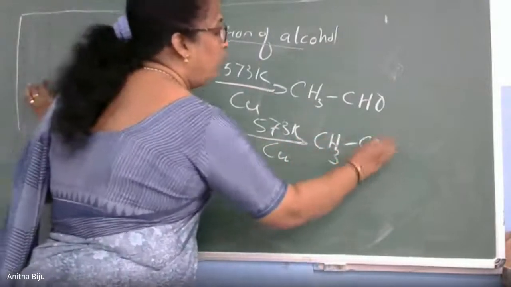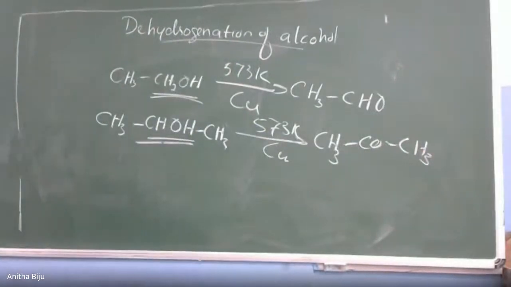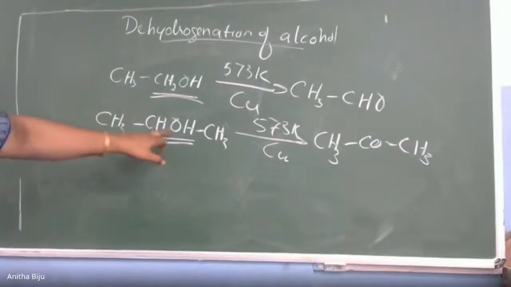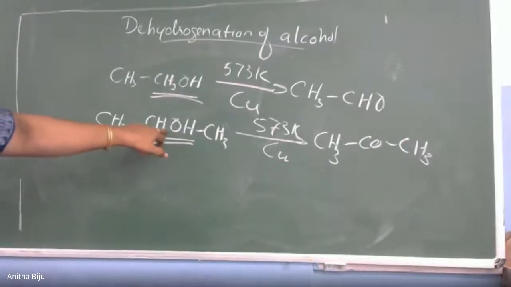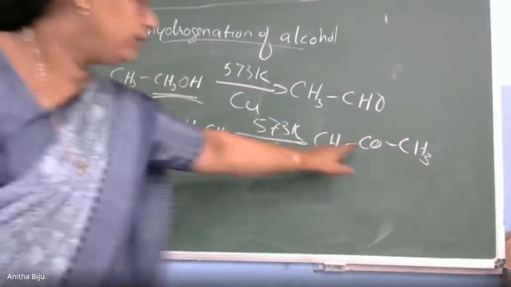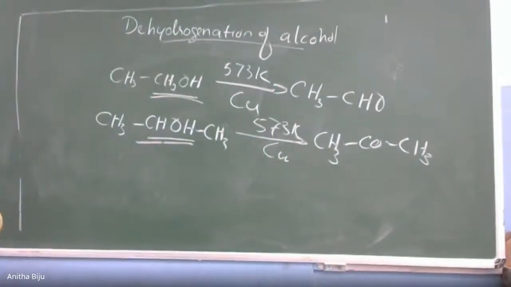CH3COCH3. Look at the same logical reasoning; it is applied in this case also. Look at the functional group CHOH. Two hydrogen atoms are there. Look at the product. There is no hydrogen atom in the functional group. That means hydrogen molecule H2 gets removed.